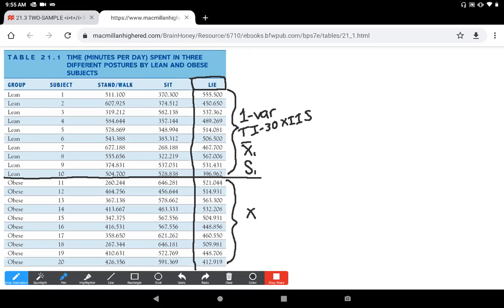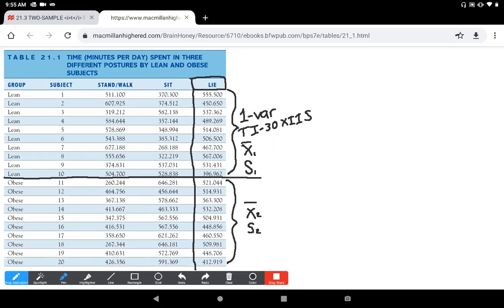Same thing, I put this data through the calculator, and I got an x bar 2 and an s2.